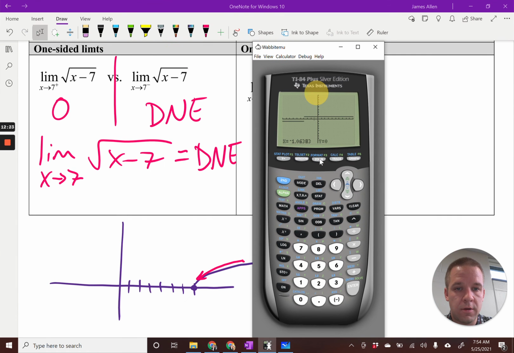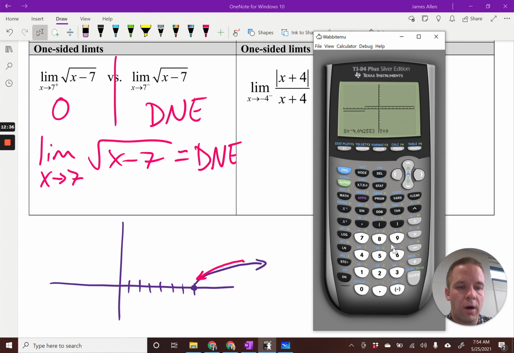Hold on. I don't know why it jumped away there on me. But I want to get to the good stuff here, right where x equals negative 4 ish, and I want to see what's going on. So I'm going to zoom in there.